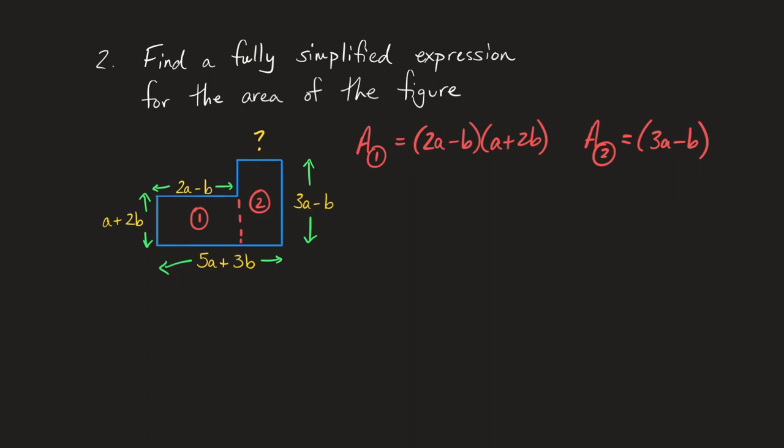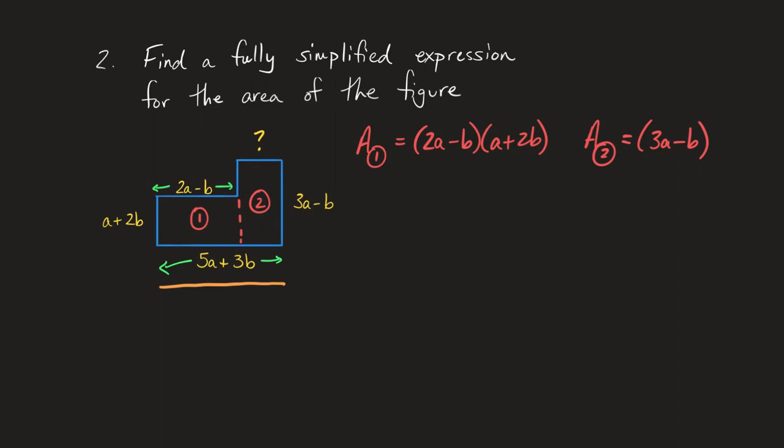Okay, how can I find that dimension? Well, if I get rid of some of the colors and some of these arrows on the diagram, just so you can really see one key thing. Look along the bottom of the shape. I'm going to put it in orange. We should be good that all the way across the bottom is 5a plus 3b.